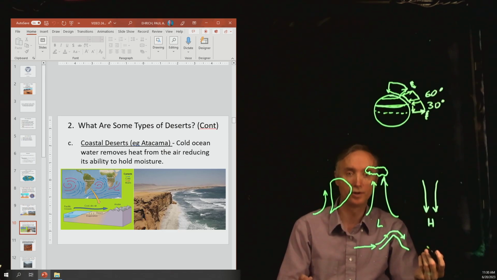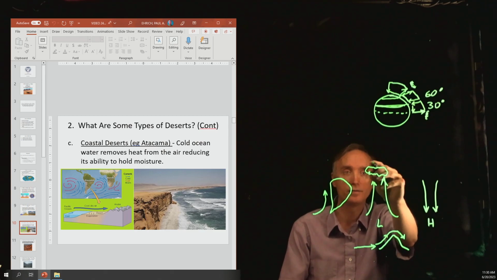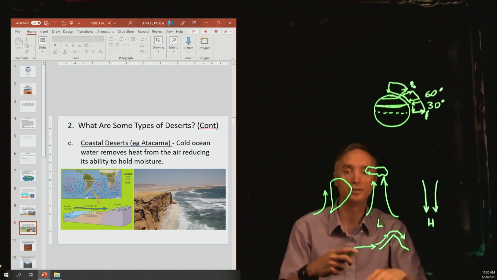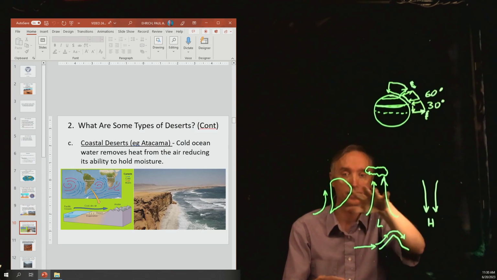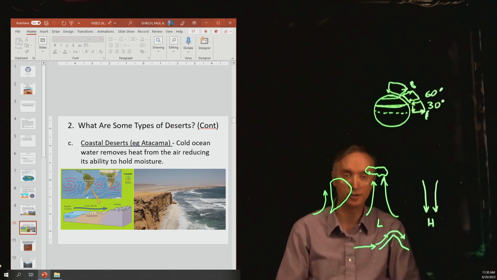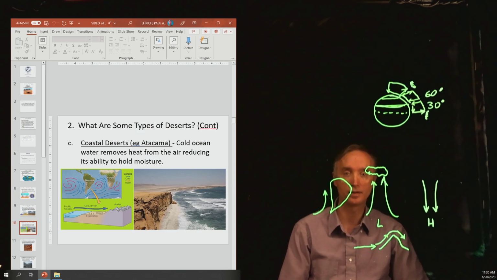But if it's cold air, it can't rise as much, so you're not going to have as much cloud formation in cold conditions. That means the air flowing onto Peru is going to be very, very dry, and so you're going to tend to have deserts in places like this.